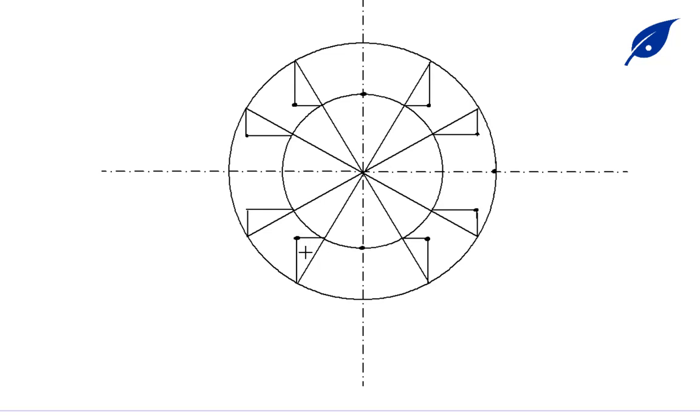Then we have this point, then this point, then this, the final point on our major axis. So after getting all this, we're going to use French curve or flexible cable to connect all these points.